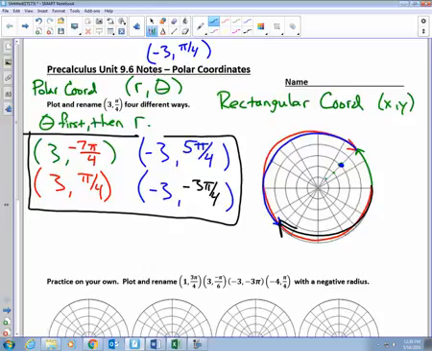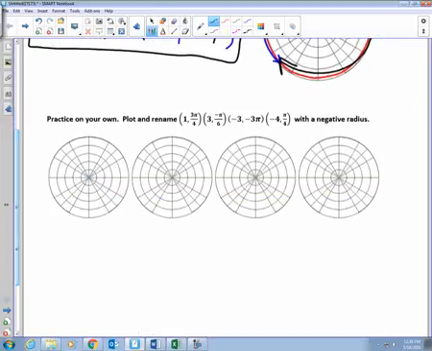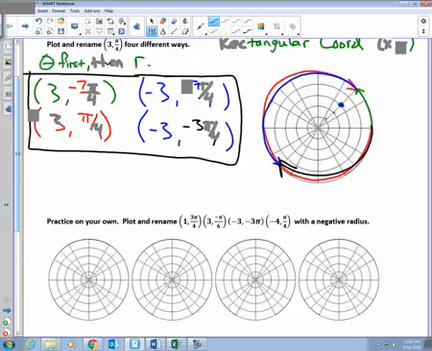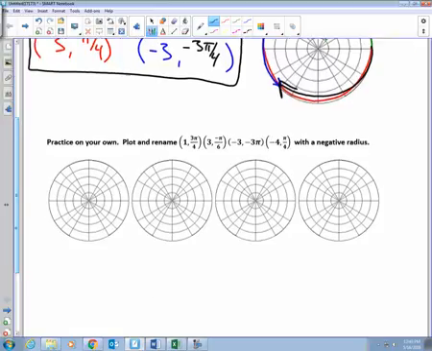So we're going to practice this a little bit. What I would first like you to do is you have 4 graphs here. Question? Yes, I'm sorry. In the directions, I should have said rename it 3 different ways. I used to do a 4th one, but it was never required. All right, so practice on your own.